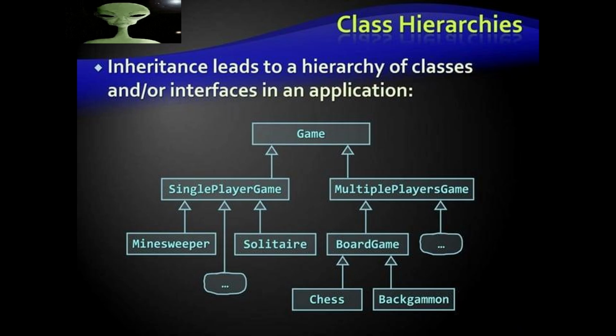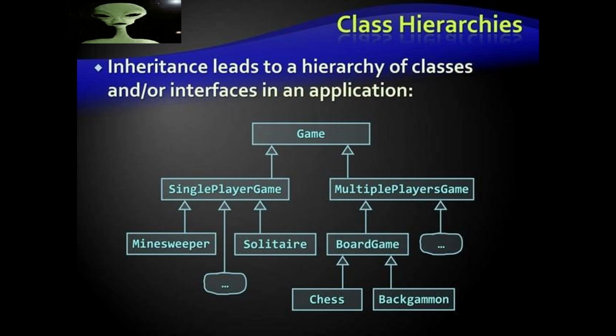Inheritance leads to a hierarchy of classes and or interfaces in an application. Using one of your primitive humanoid concepts of games, we have devised this flowchart of what such a hierarchy would look like. For example, Minesweeper is a single-player game, which is a game.